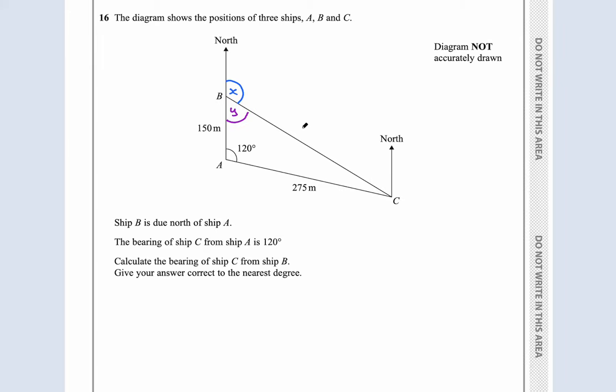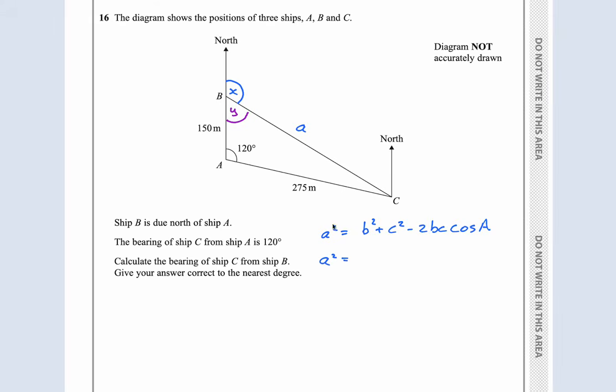So I'll use the cosine rule and I'll call this A. So to find A, I'm going to use the cosine rule. So it's A squared equals B squared plus C squared minus 2BC cos A, which is in the formula booklet.